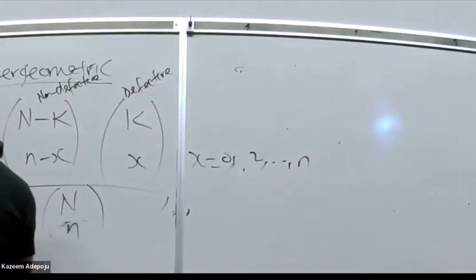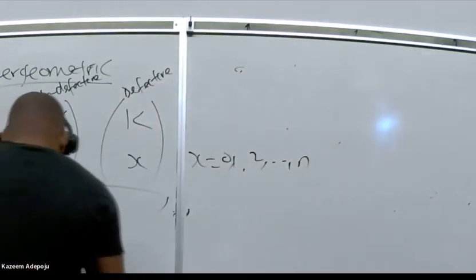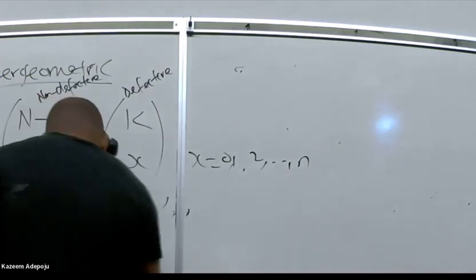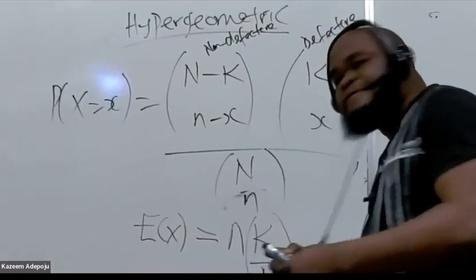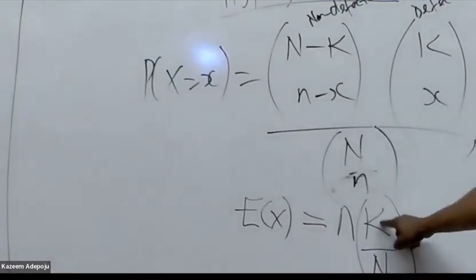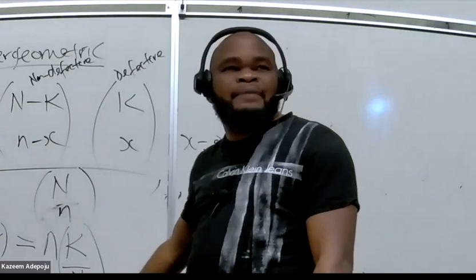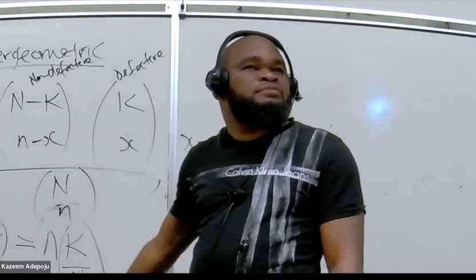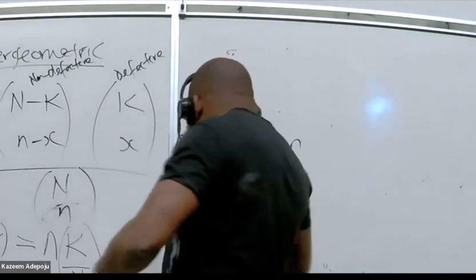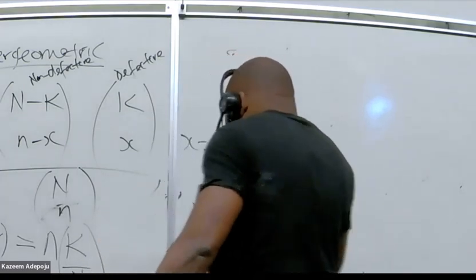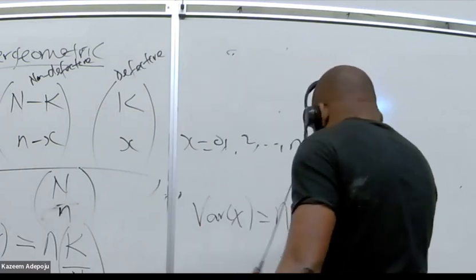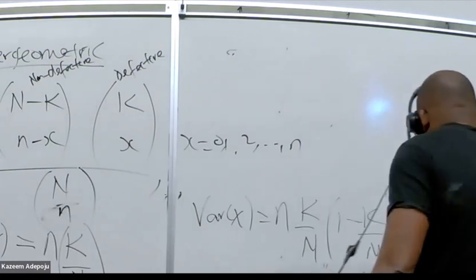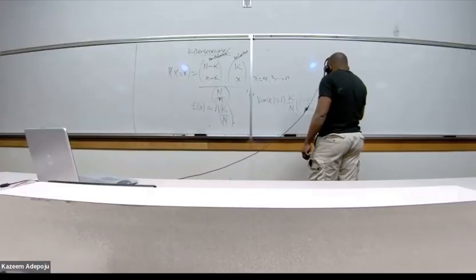Even though we're also talking about two possible outcomes. And of course, the mean here is this guy, where the number of the characteristics of interest in the population divided by the totality is the same thing as P. The variance here is basically going to be this guy, 1 minus this guy, times N minus n divided by N minus 1.